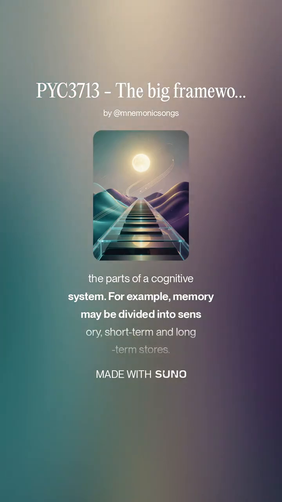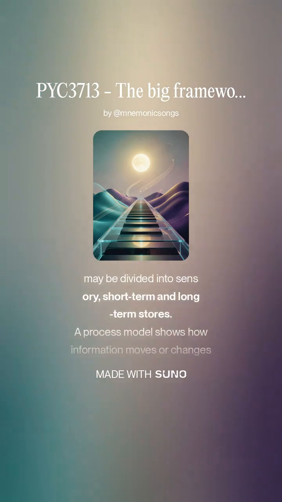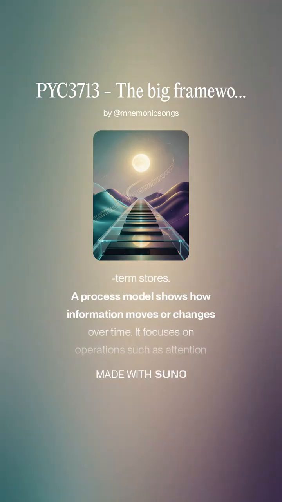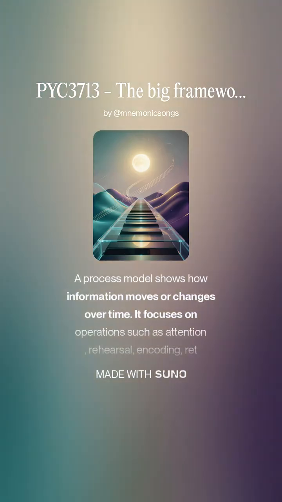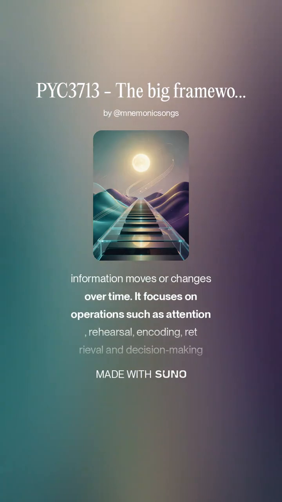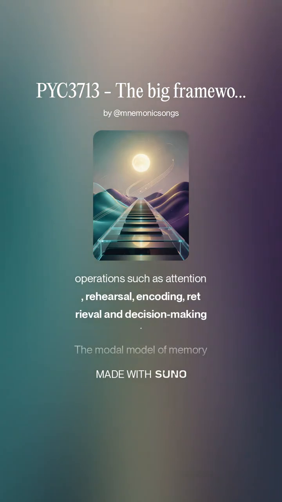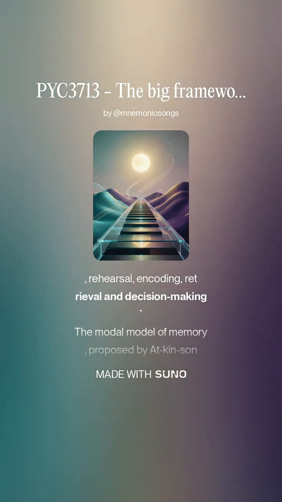For example, memory may be divided into sensory, short-term, and long-term stores. A process model shows how information moves or changes over time. It focuses on operations such as attention, rehearsal, encoding, retrieval, and decision-making.